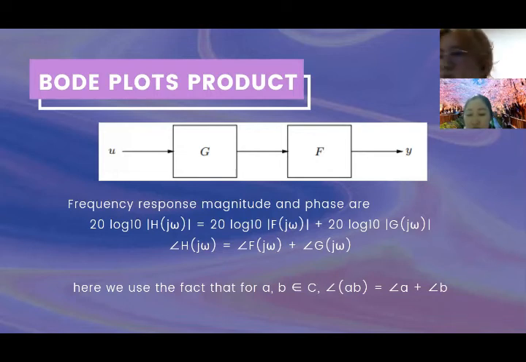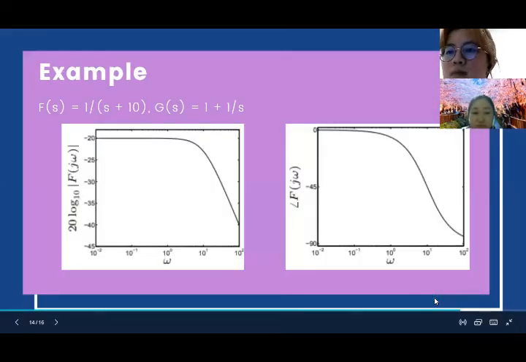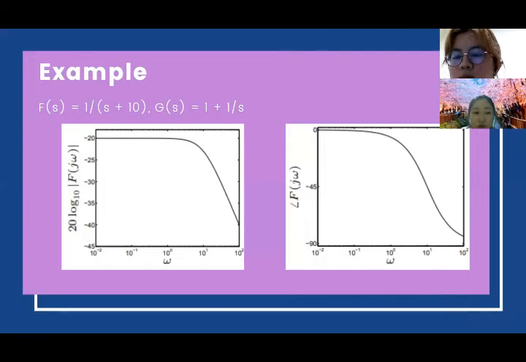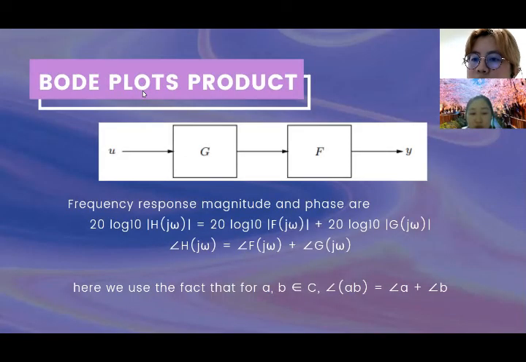The angle of H(jω) is equal to the angle of F(jω) plus the angle of G(jω). Here we use the fact that angle of AB is equal to angle A plus angle B. So the plot of a product is the sum of the plots of each term.